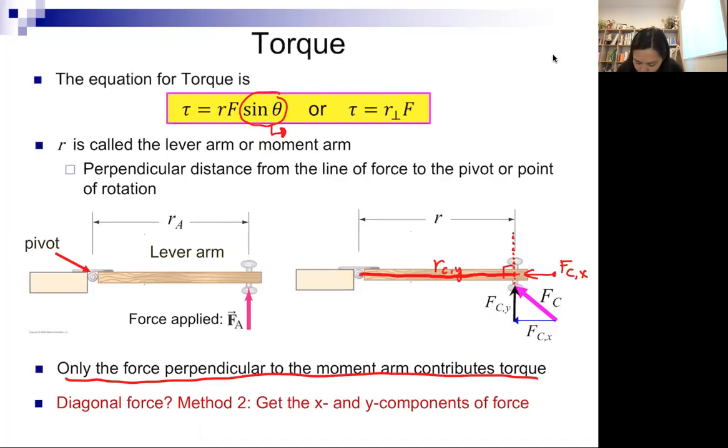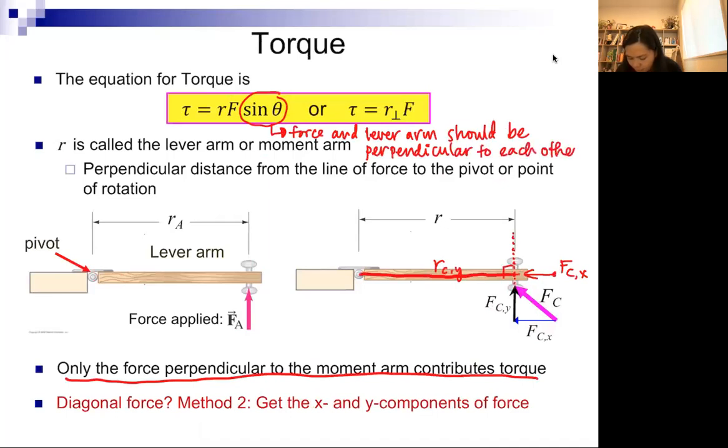So force and moment arm or lever arm should be perpendicular to each other. Okay, so that's what sine theta means in the equation.